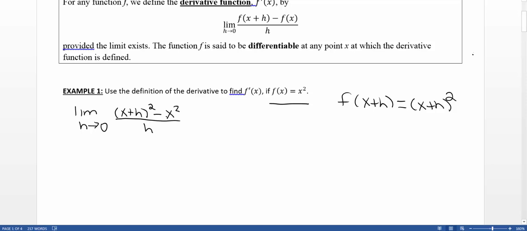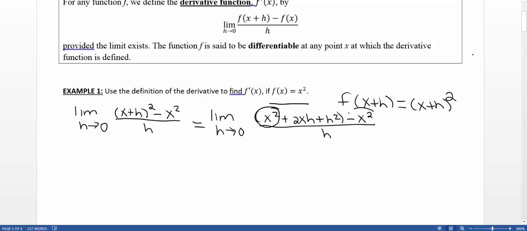Now, we want to start to do some of our algebraic simplification here. So what we're going to do is square out that top term to see if we can combine any like terms. So we get the limit as h goes to 0 of x squared plus 2xh plus h squared minus x squared, all divided by h.